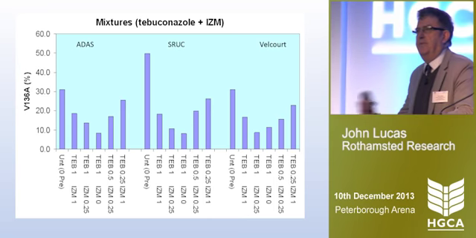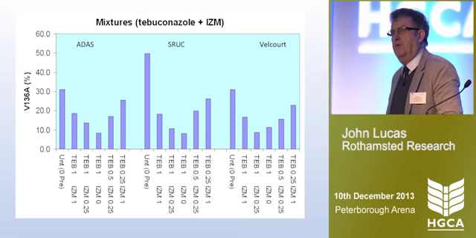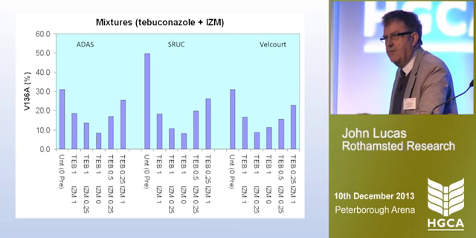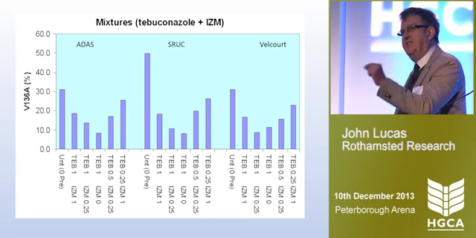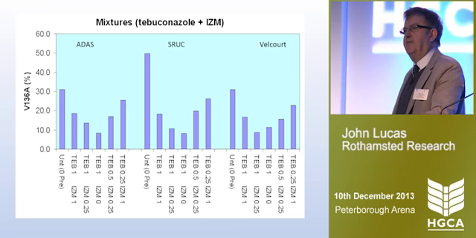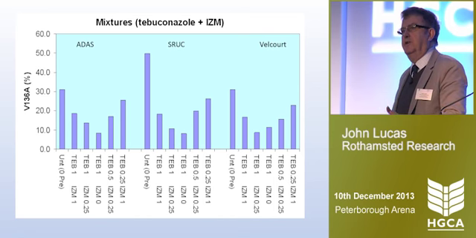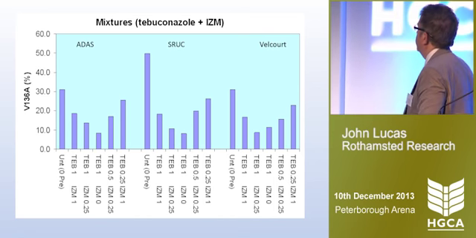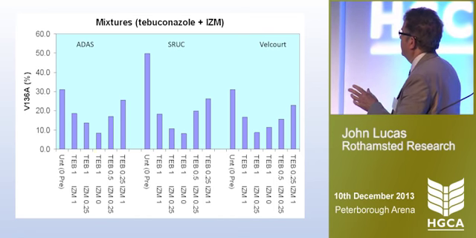Now, in many ways we would say this is predictable, but I think it's the first time we've been able to demonstrate, with a specific genetic change in the Septoria population, that a mixture is having a benefit in reducing the selection towards a particular change. And I think that's quite an important proof of concept.